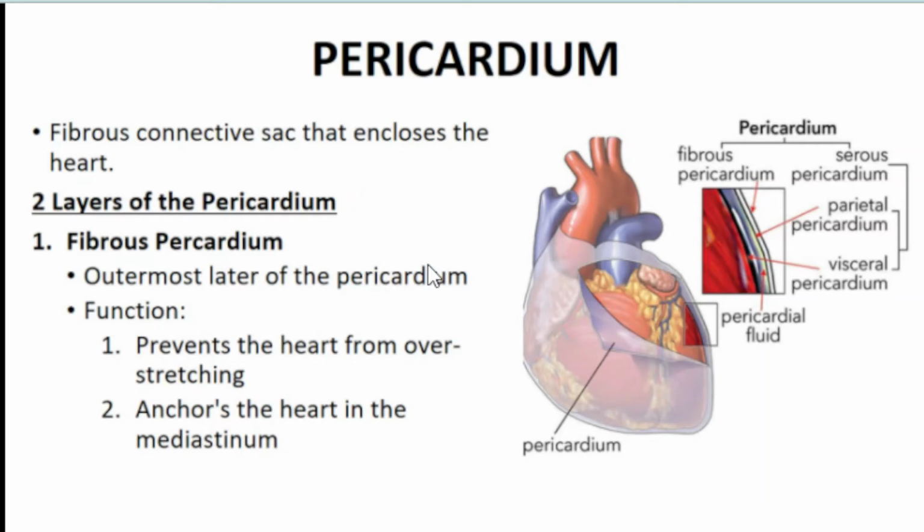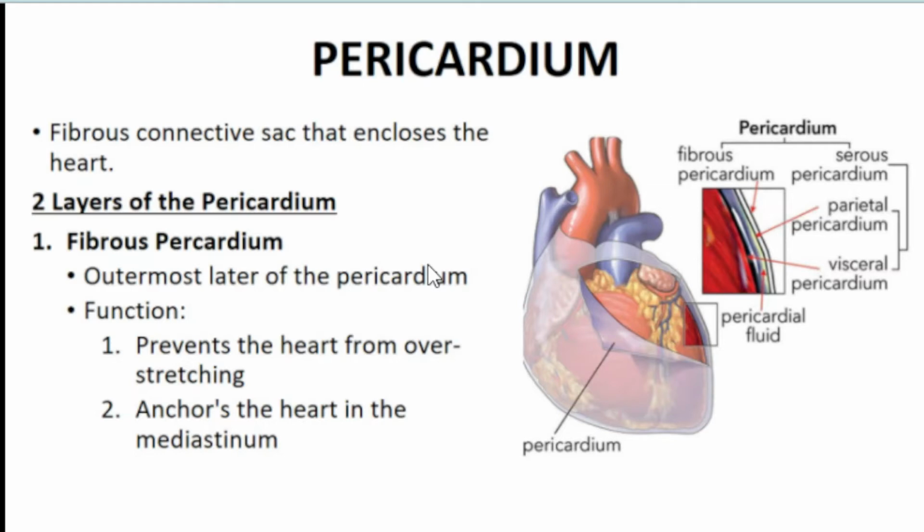So the fibrous pericardium is again the outermost layer of the pericardium, and it has two important functions. Number one, it prevents the heart from overstretching. So we know that the heart receives blood, right? And if we have too much blood, let's say, in our body, it is the fibrous pericardium which prevents the heart from overexpanding or from receiving too much blood.